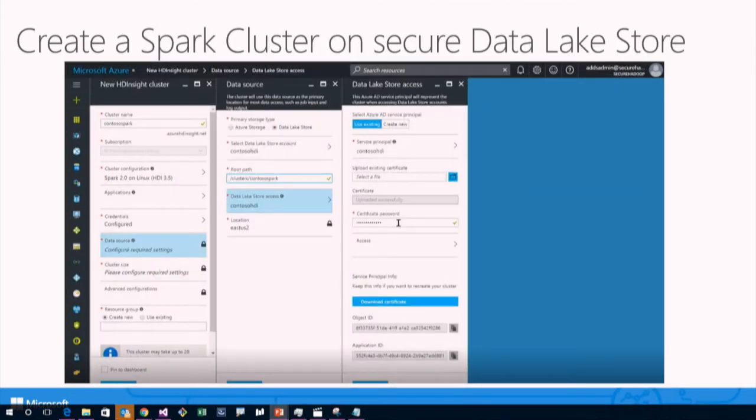The third piece is, now you need to go create a Spark cluster, but that Spark cluster needs to talk to a data lake store or a secure HDFS layer. Now, we talked about this being able to be configured using a service principal identity. How do you go ahead and do that? Well, very simple. When you get to the creation of a Spark cluster, you go ahead and select data sources. These data sources can be selected to the data lake store, which is your secure HDFS layer.